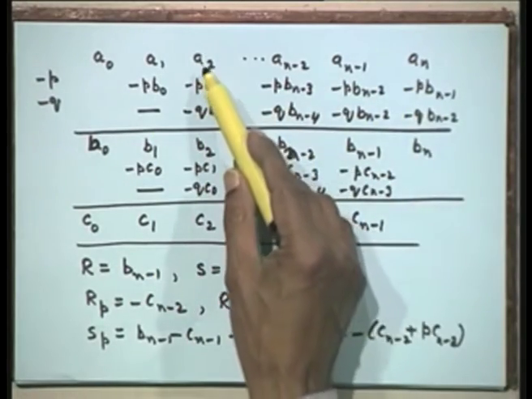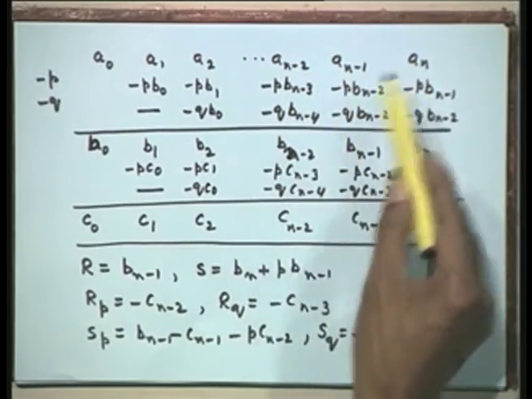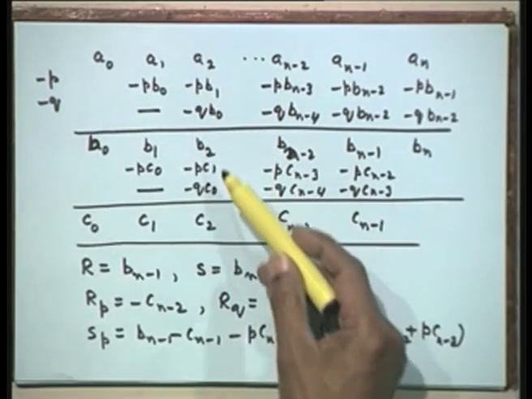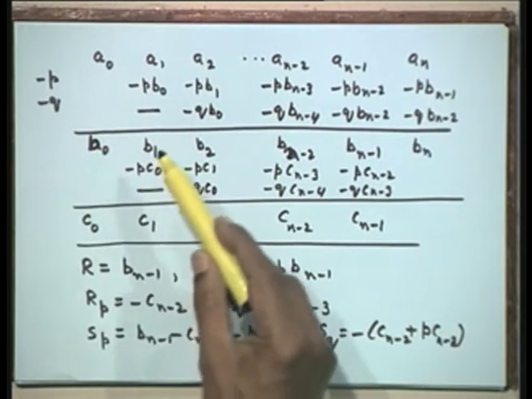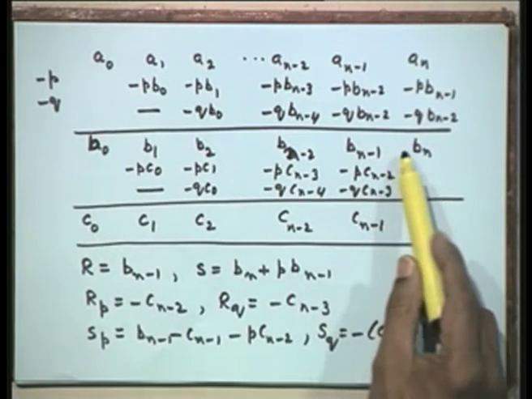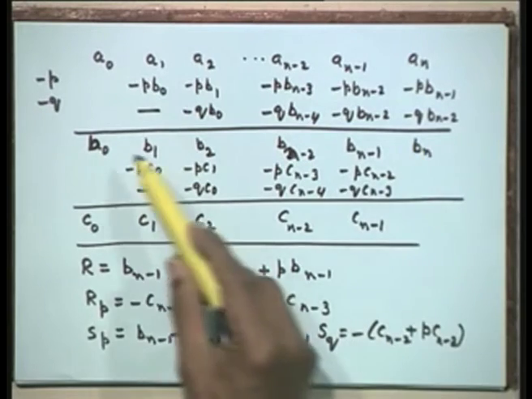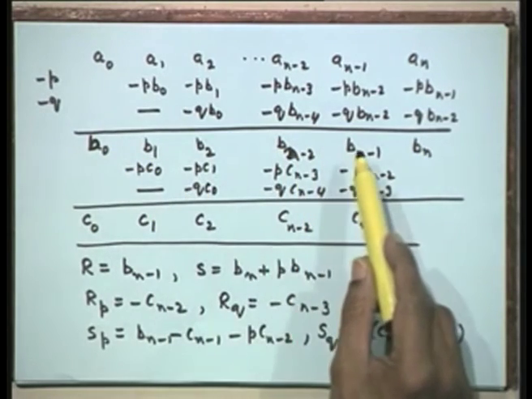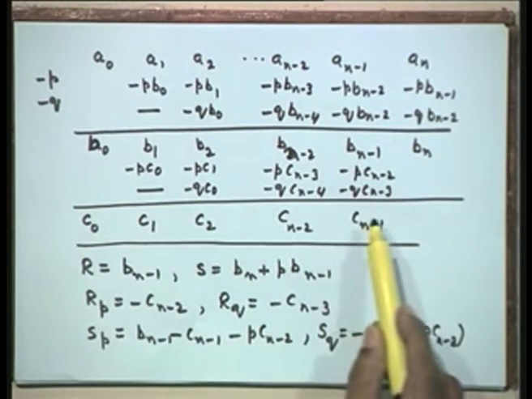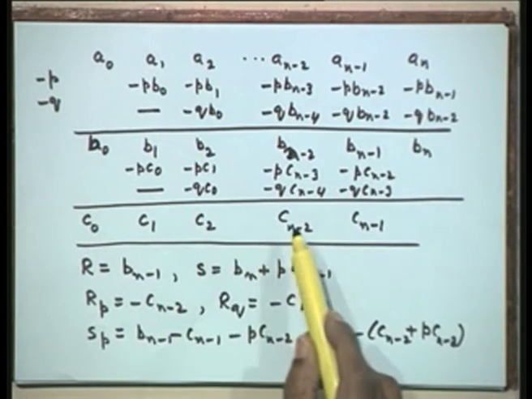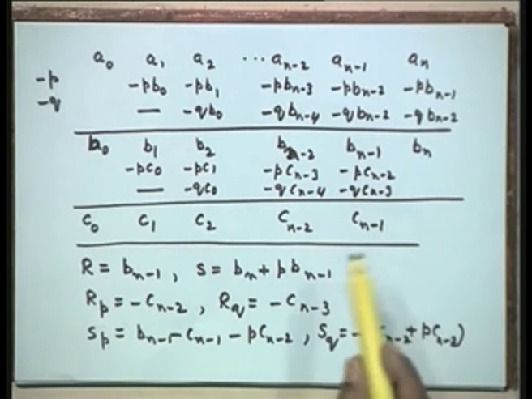If there is any missing coefficient, we will insert a 0 there. Then we have applied the synthetic division by using the factors minus p, minus q, and the first row of the synthetic division would give us b0, b1, b2, ..., b(n-2), b(n-1), bn, and the second level of the synthetic division will give me c0, c1, c2, ..., c(n-2), c(n-1).